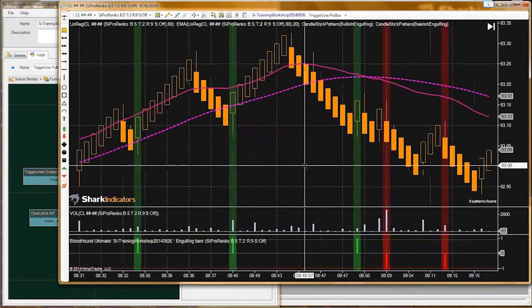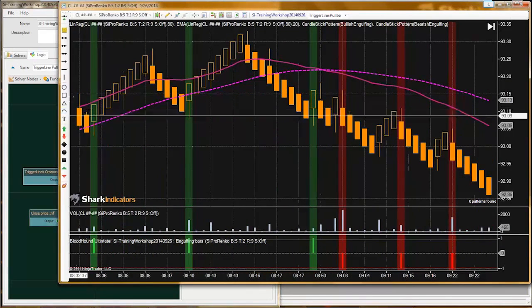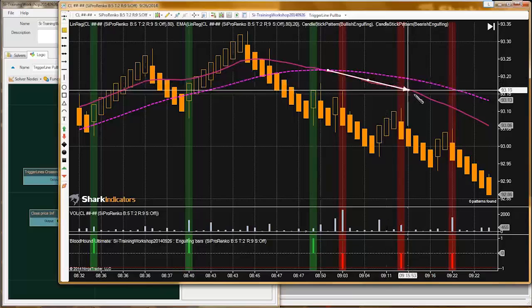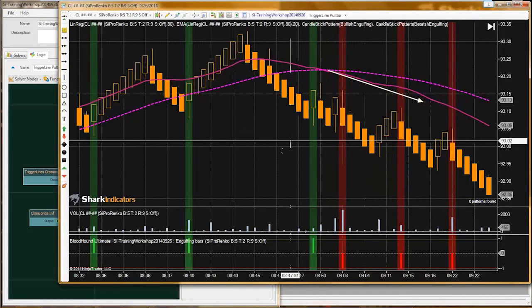Let's keep scrolling along, and now we can see, let me grab an arrow here, our moving averages crossed each other, and so now we're in this short state right here.